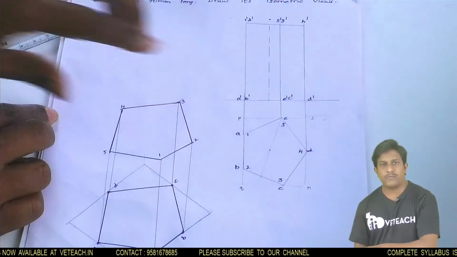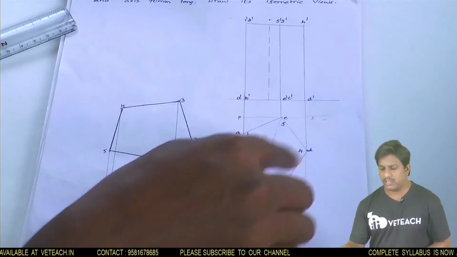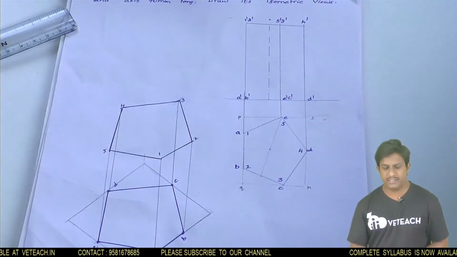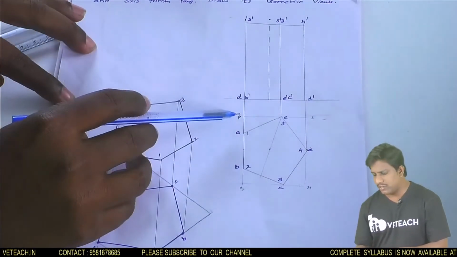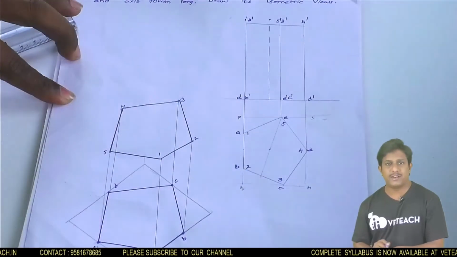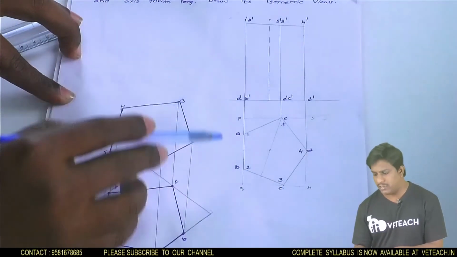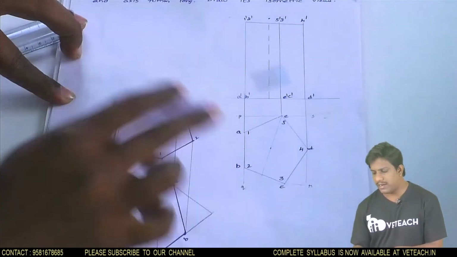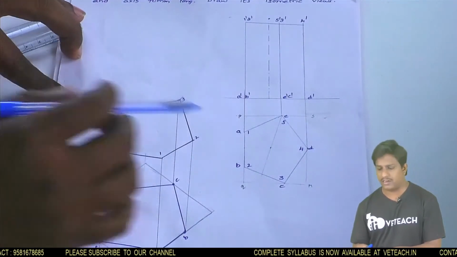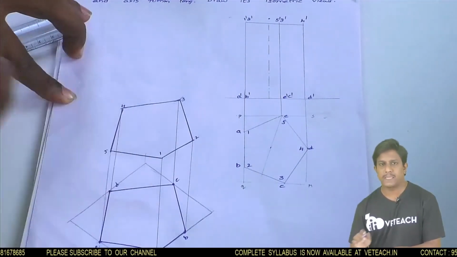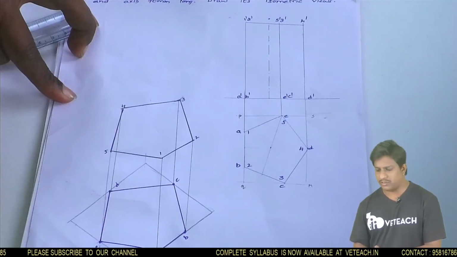This is the top view of a pentagon. I have kept 30 mm side. If you observe, I have drawn a rectangular box here. This is P, Q, R and S. Inside the rectangle I have drawn a pentagon.